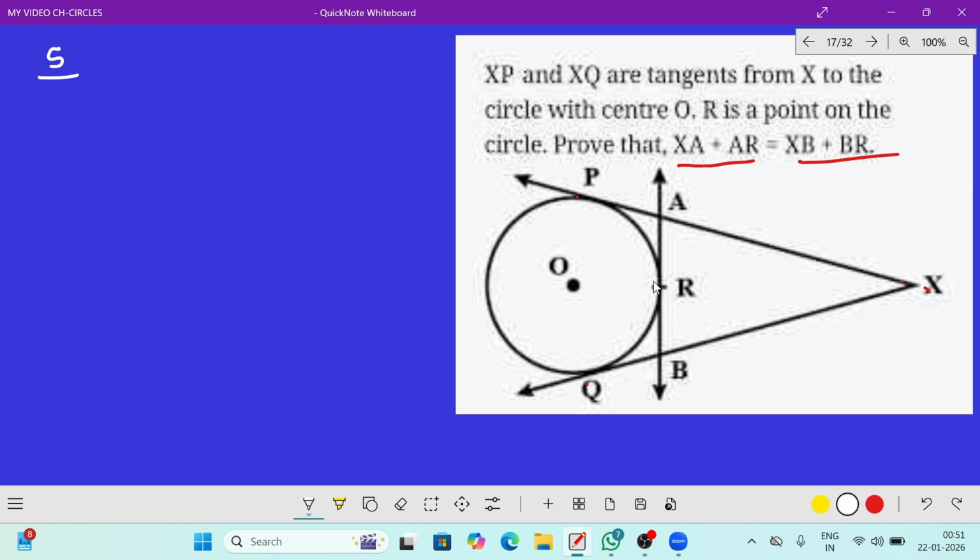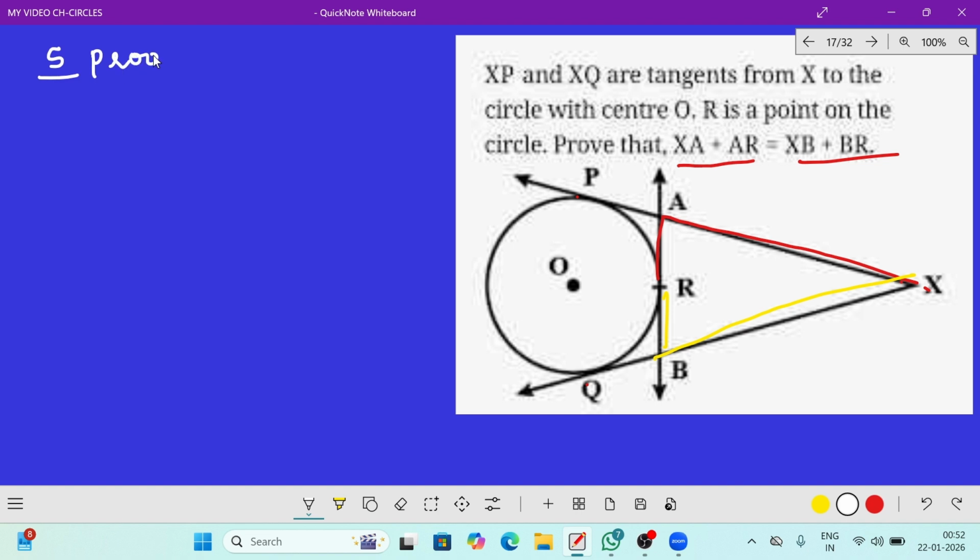R is a point on the circle such that XA plus AR, let me draw this with the red one, this XA plus AR should be equal to XB plus BR. We have to show that. So let us start the proof.